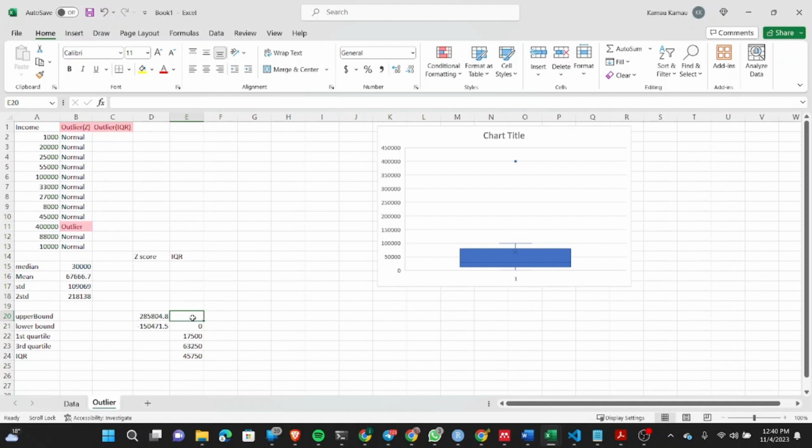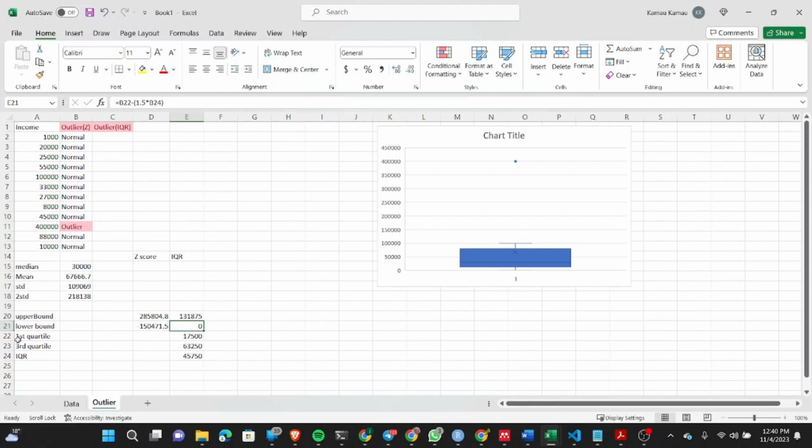So what we are saying is that the upper bound is the third quartile. So we pick this one, and then we say plus. We want to use a threshold which is 1.5. This is what is normally used by statisticians. So we are going to use it. We multiply by the interquartile range, and we get the upper bound.